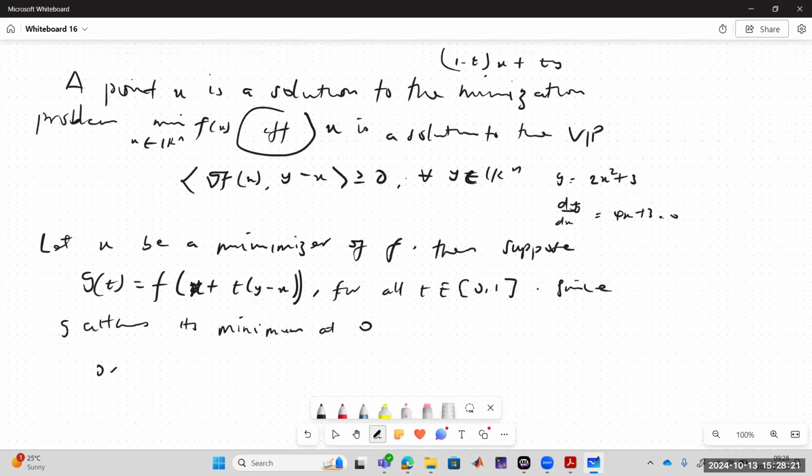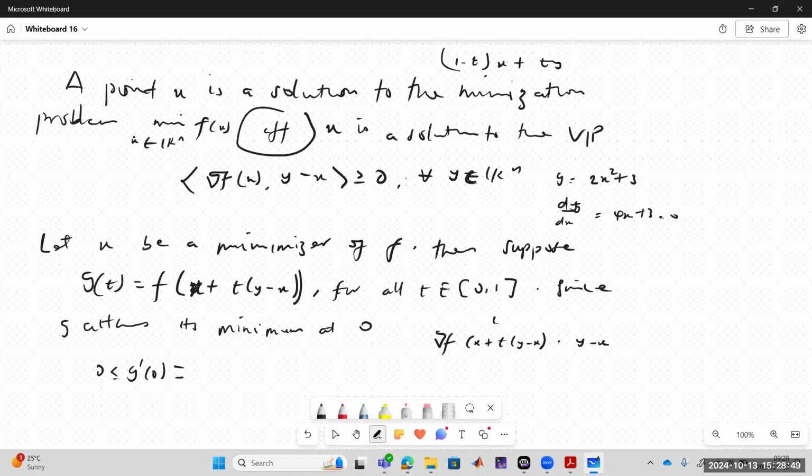So 0 will be less than or equal to g prime of 0. Now let's find the derivative of this function. It is going to be the gradient of f at x plus t(y − x), multiplied by the derivative of the inner part, which gives y − x.